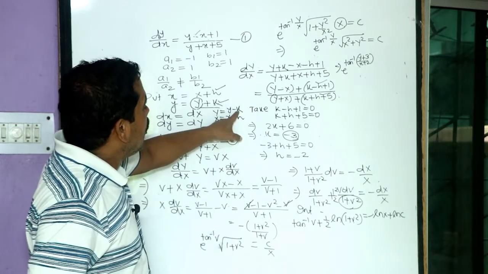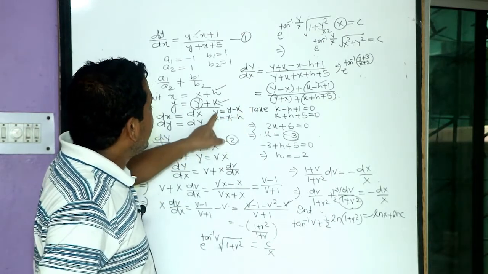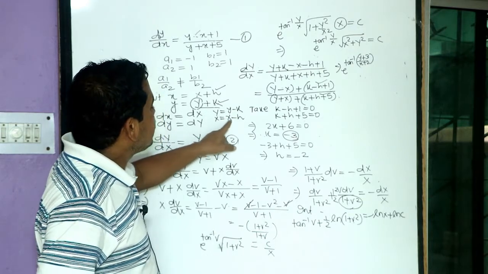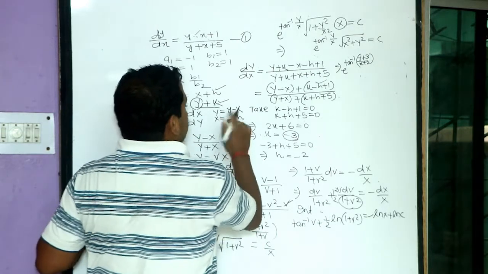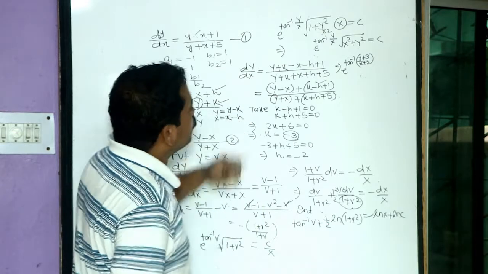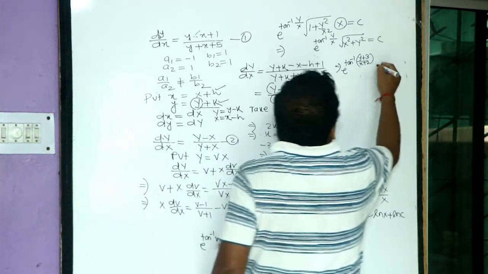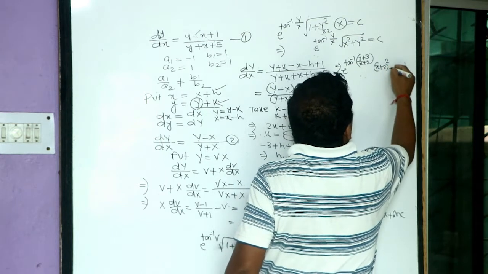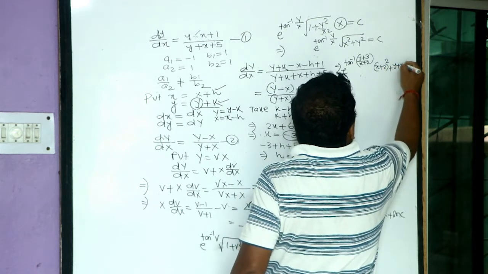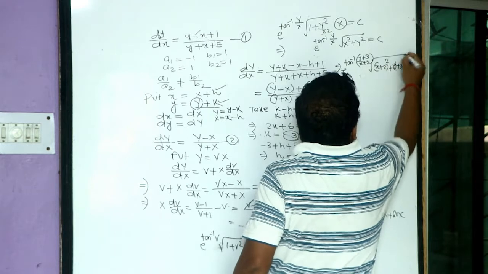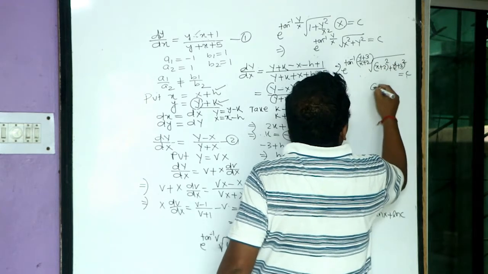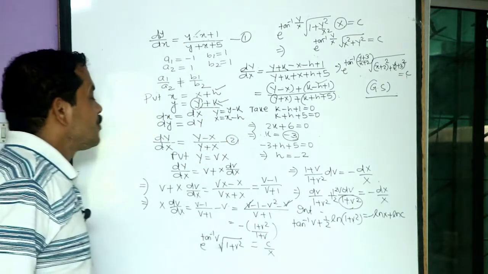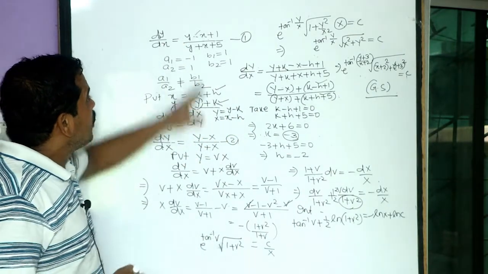Now putting the values of h and k, we have Y as y plus 3 and capital X as x plus 2, into square root of x plus 2 whole square plus y plus 3 whole square, equals c. This is the general solution of this particular differential equation.